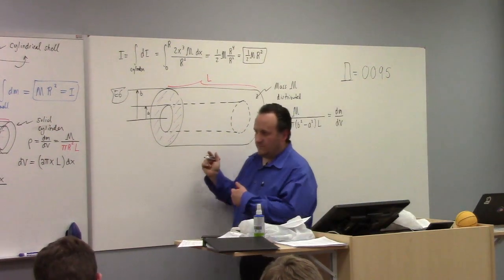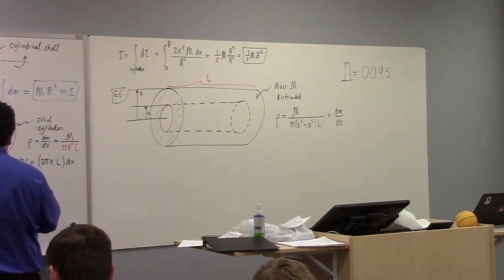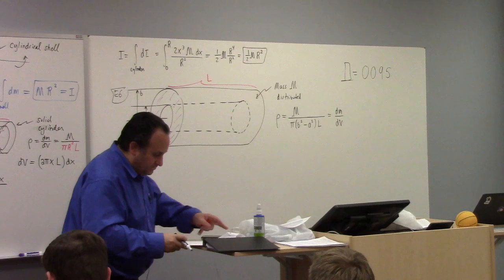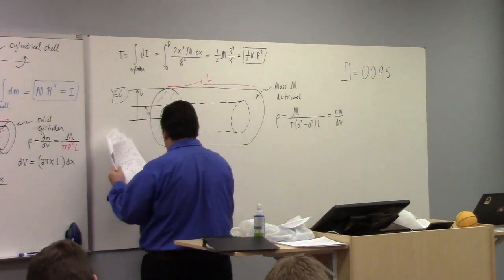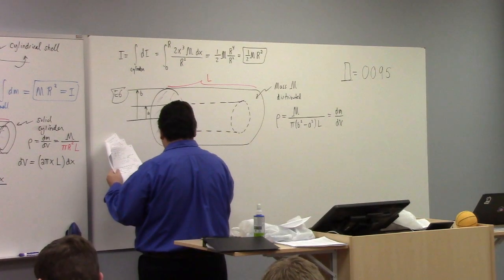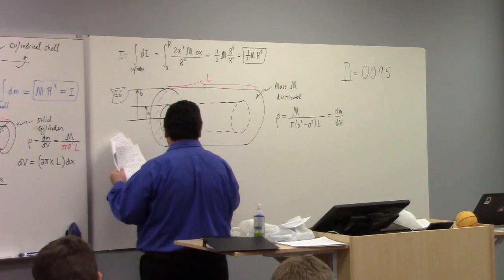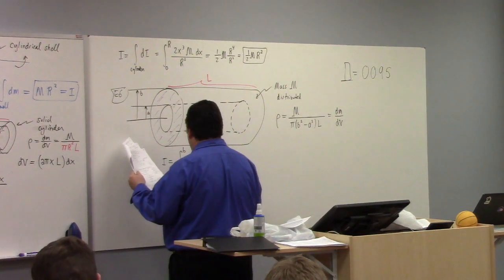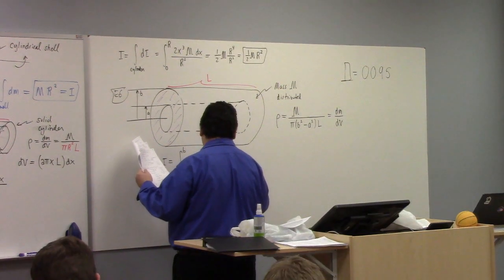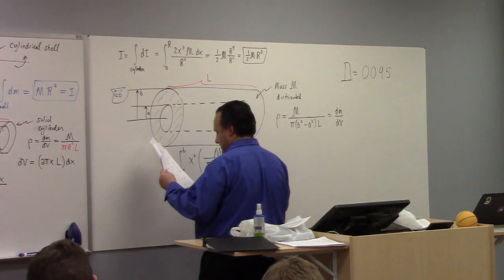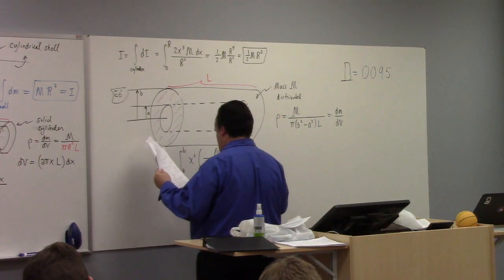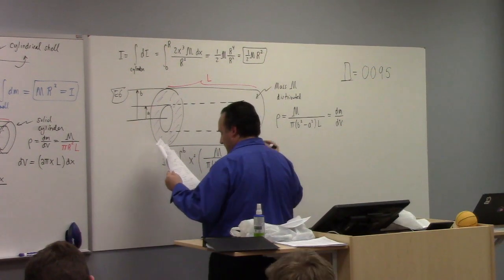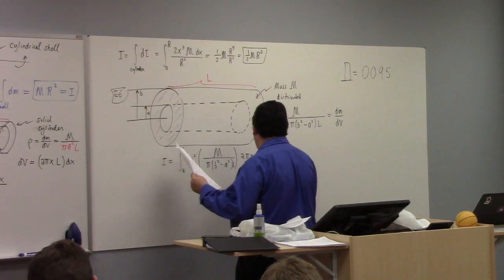And once you know that, you can basically go back and just run through this again. And what you get is that I is equal to the integral from a to b of x squared times big M divided by pi times b squared minus a squared, times 2 pi x L. Again, the L's cancel, the pi's cancel.